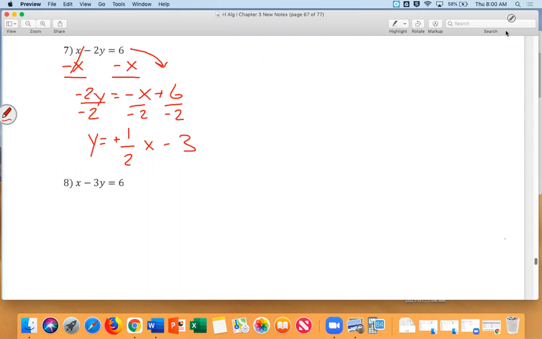Why everything 1/2 x and not x over 2? Okay, great question. Drew asked, why would it be written as 1/2 x instead of x over 2? Well, remember, we're trying to get it in the form of y equals mx plus b, where m is that number in front. Now, if we write it as x over 2, you're not wrong, okay?